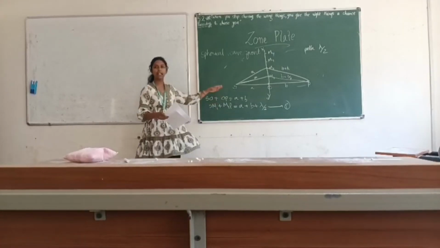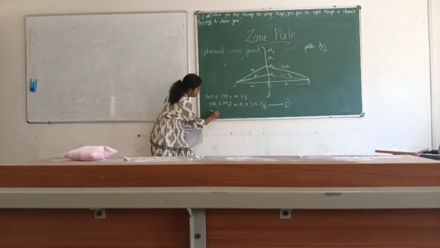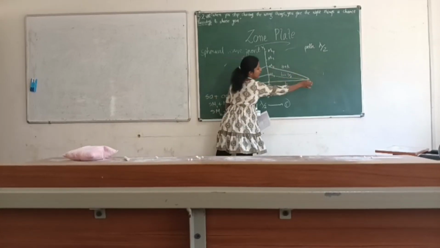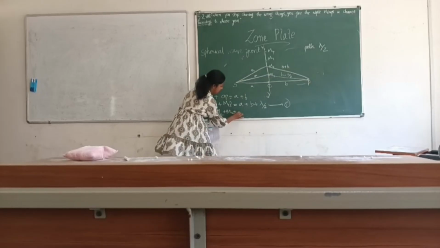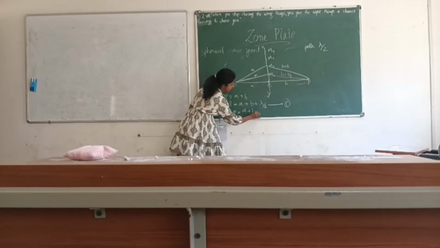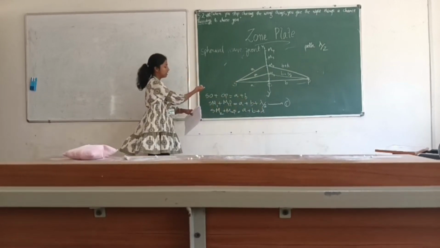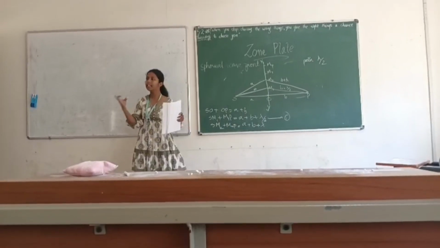Similarly, we can do SM2, SM3 and so on. What will SM2 be? SM2 plus M2P will be equal to A plus B plus lambda. In a similar way we can find the equation up to N, where N is a natural number.